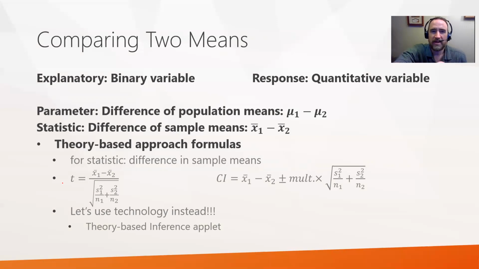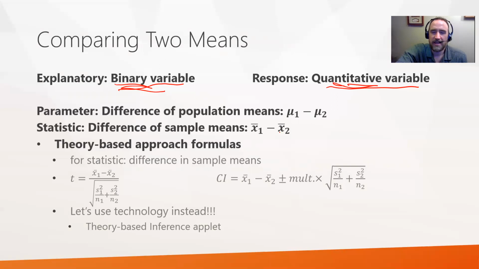So this is when we have an explanatory binary categorical variable, and our response is a quantitative variable. Our parameter is the difference in the population means, mu1 minus mu2, and 1 and 2 are the two groups set up by the binary variable, and the means are the mean of the quantitative variable. And our statistic mirrors that parameter.